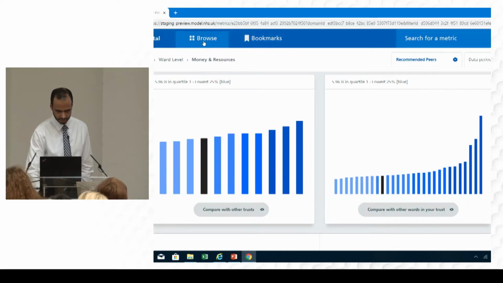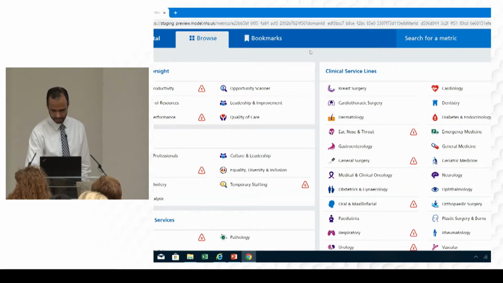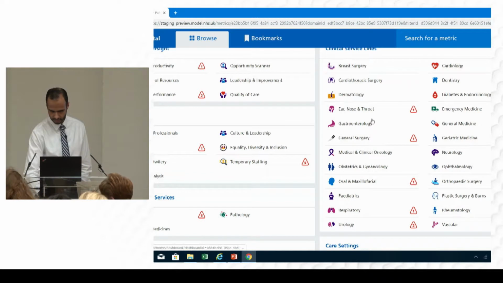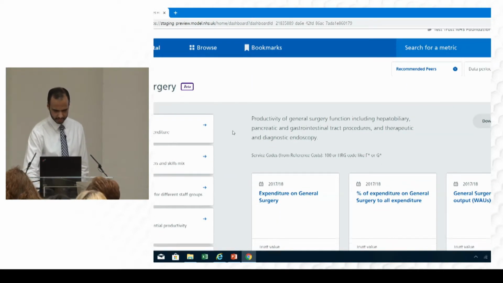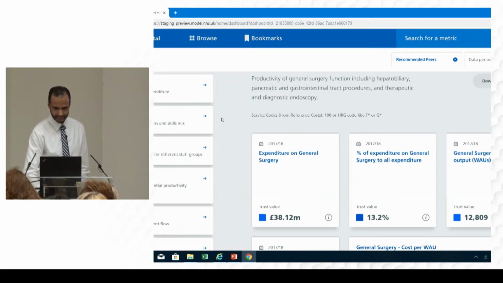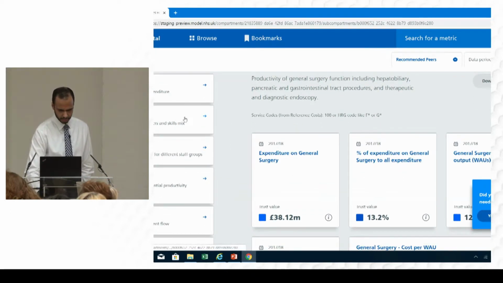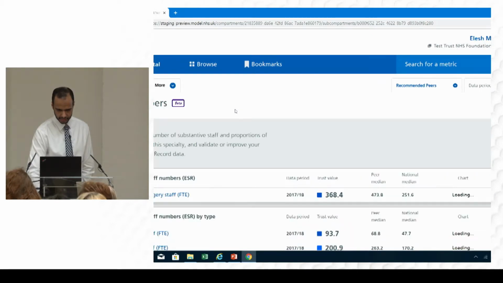Now, I'm going to jump over into one of the service lines, and I'll go into general surgery. So if you did want to look at staff numbers for a given specialty, we do break these down in here as well.